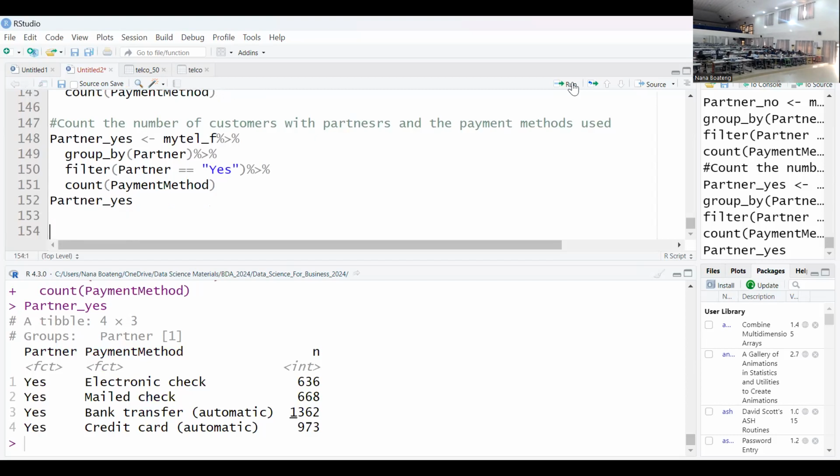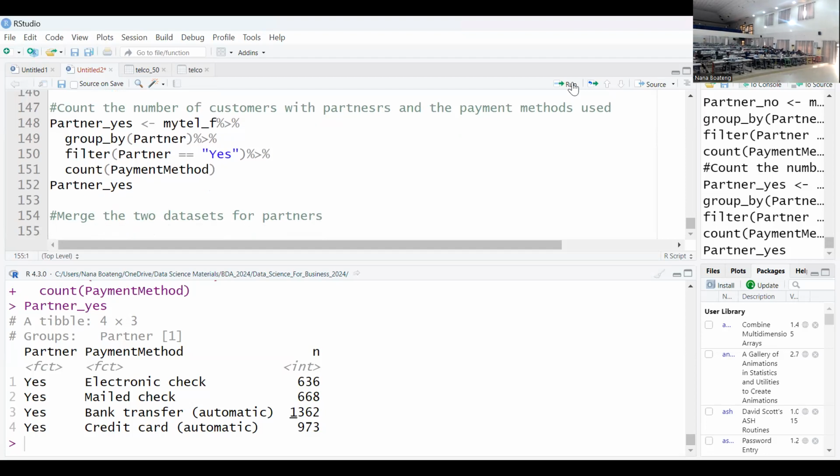So let's merge the data. Merge the two data sets for partners. Now we are going to use joins.